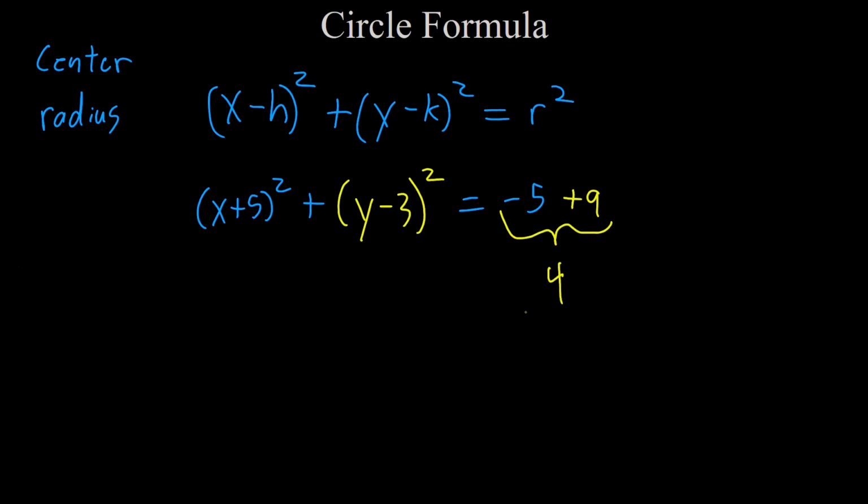Finally, now that everything is set in the standard form for a circle formula, we can find the center as being −5 for our x value, since we should be subtracting it, and 3 for the y value, and the radius is the square root of our constant.